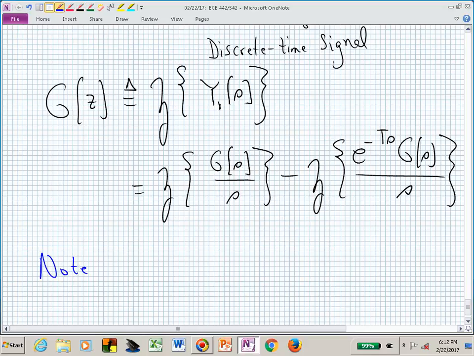But what is that e to the minus ts? What does that really represent? It's the Laplace transform of something.